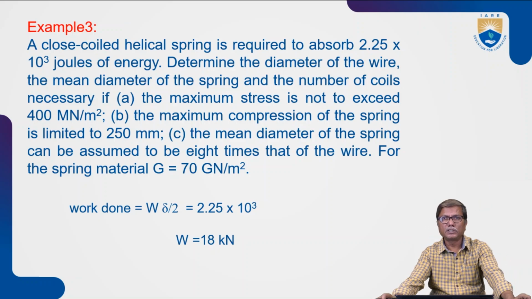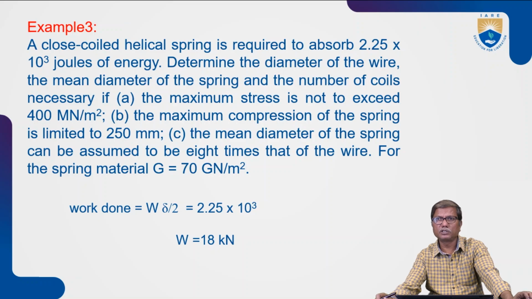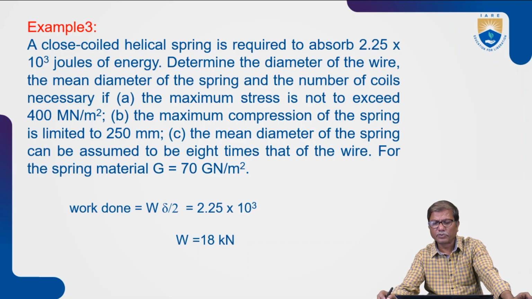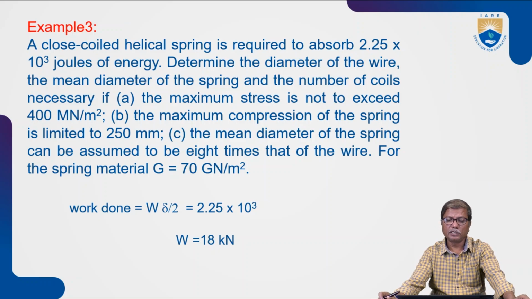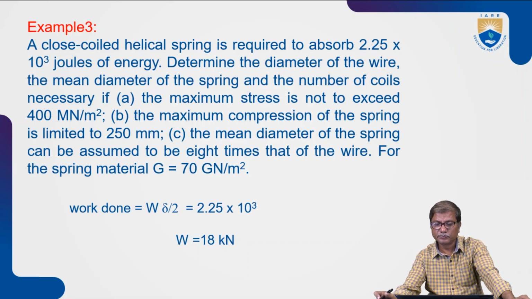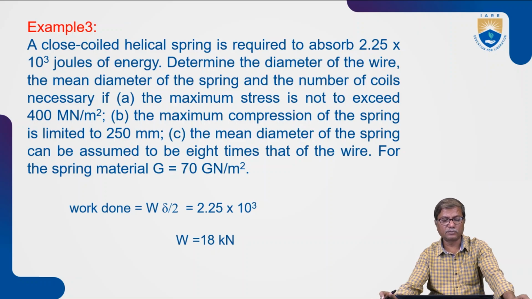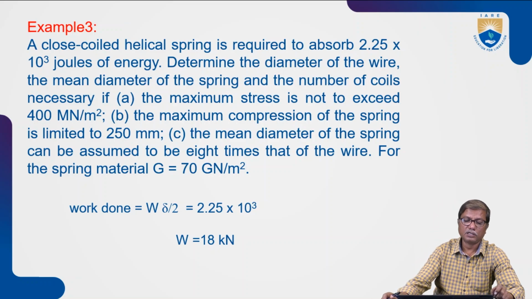A closed coiled helical spring is required to absorb 2.25 into 10 cube joules of energy. Determine the diameter of the wire, the mean diameter of the spring and the number of coils necessary if the maximum stress is not to exceed 400 mega Newton per meter square.